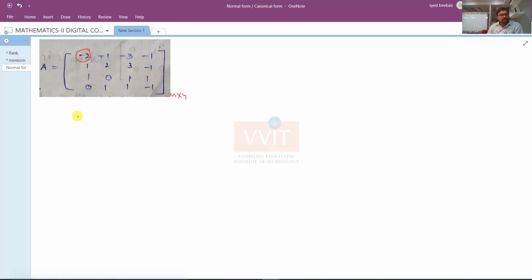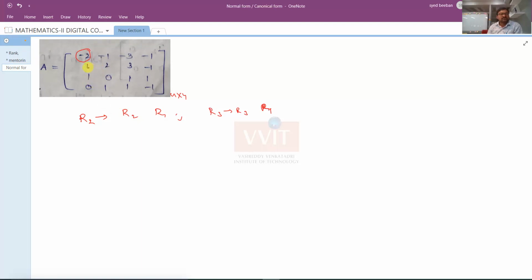That means I am supposed to check R2' based on R1, and R3' based on R1. Why am I not choosing R1 here? Why am I not choosing R4? Because R4 is already 0. Our intention is to reduce to 0, so it is already 0, and that's the reason I am not disturbing R4.